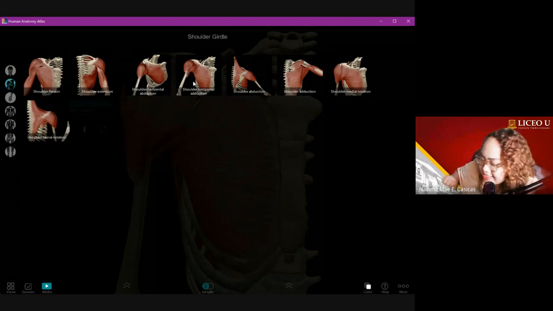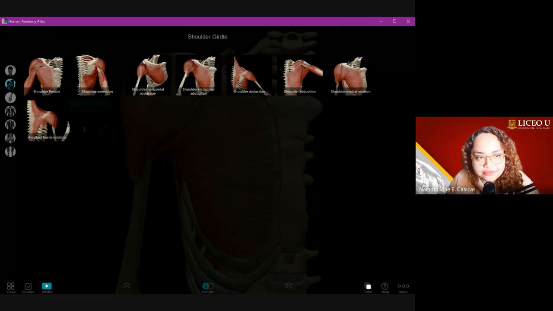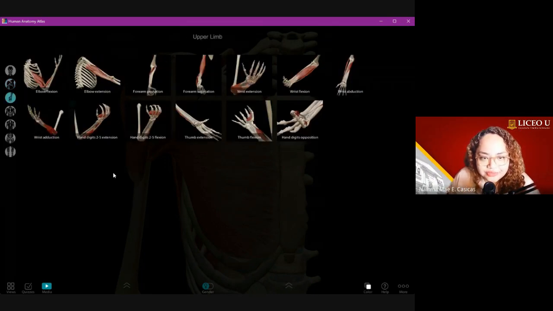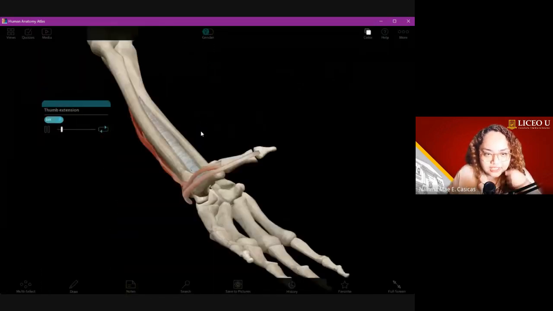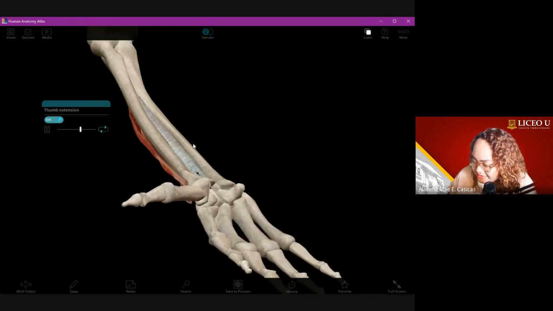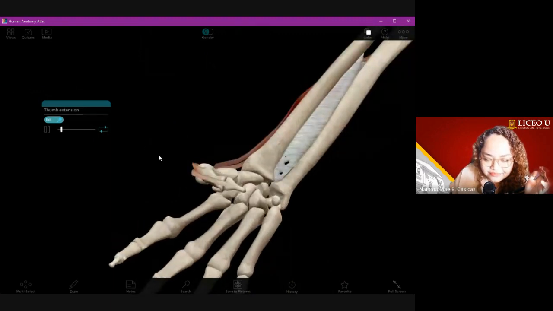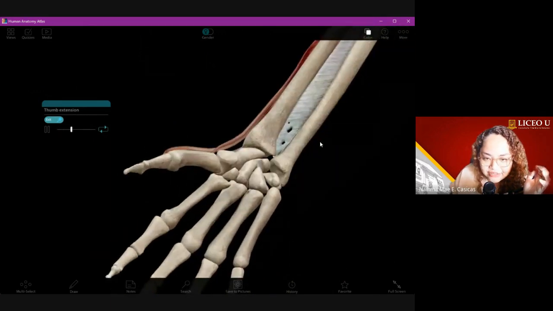Adduction is going towards the middle. Abduction is going outwards, far from the middle. And what kind of joint is that in your thumb? The saddle joint.